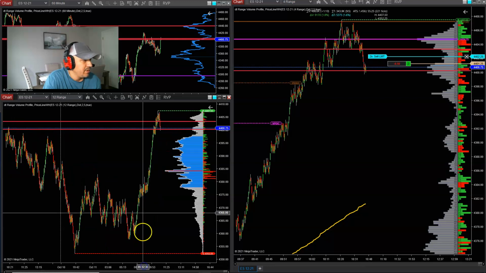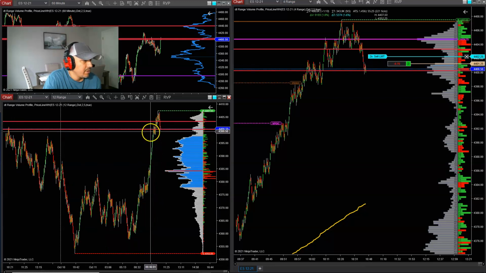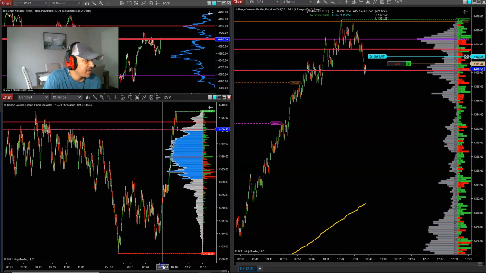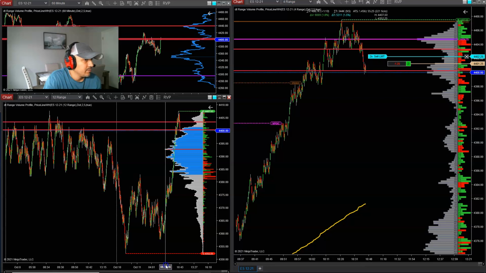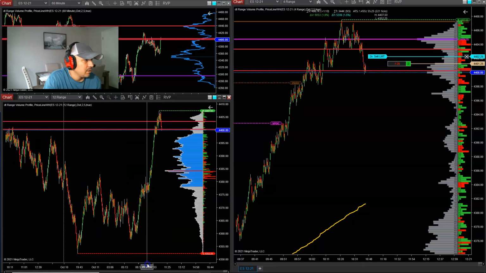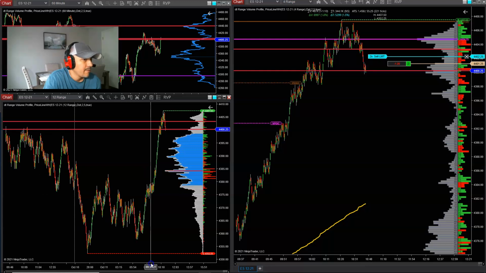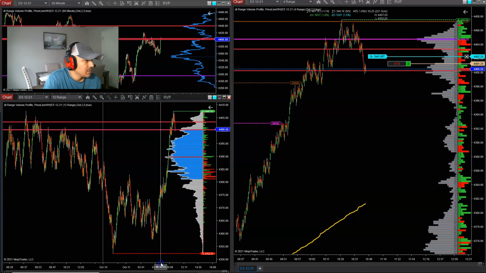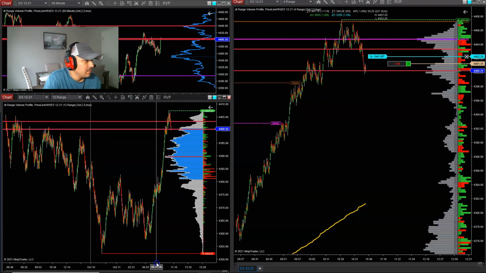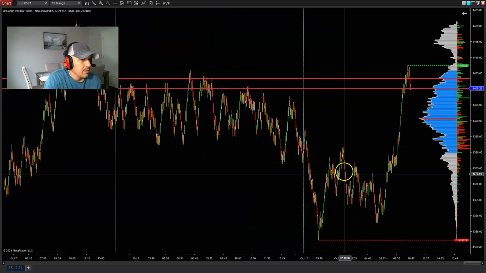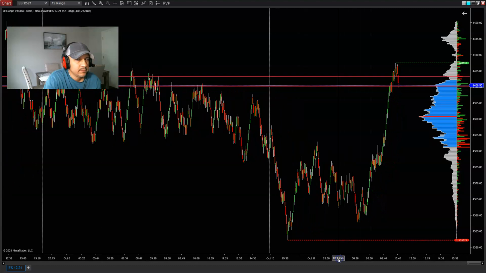Market's not much activity so far. I mean, we had this nice little push up here, but not too much. We don't have the rejection yet, guys. I'm early on this trade. Price can push a little lower here, which I don't want to see it do. Let me look.